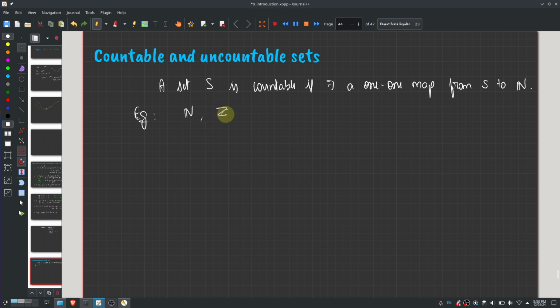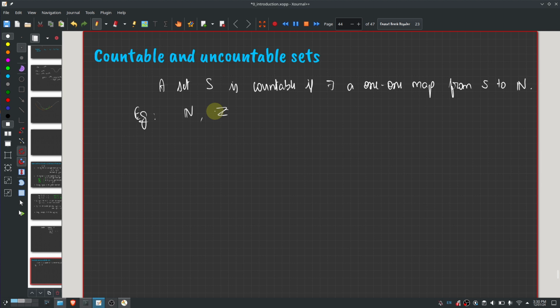What about the set of integers? It's countable. What about the set of rational numbers? How many say it is countable? How many say it is not countable? Okay, so why do you think it is not countable?